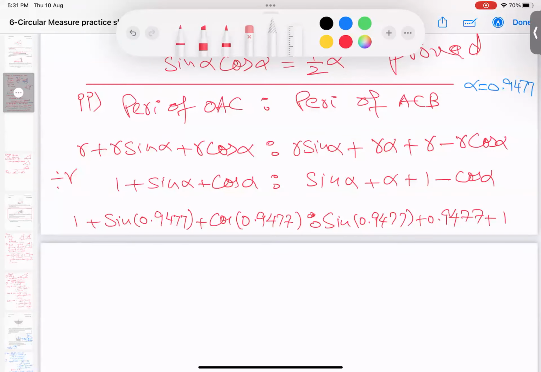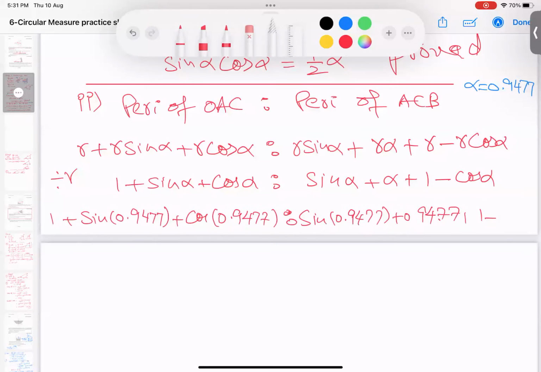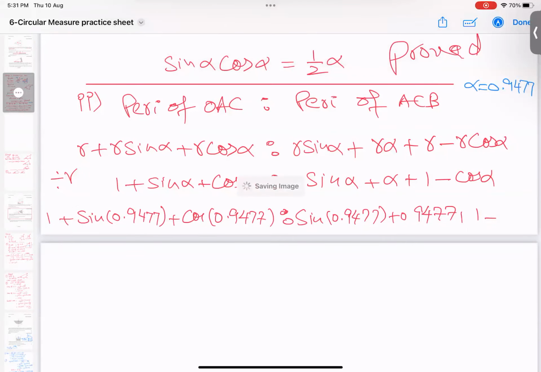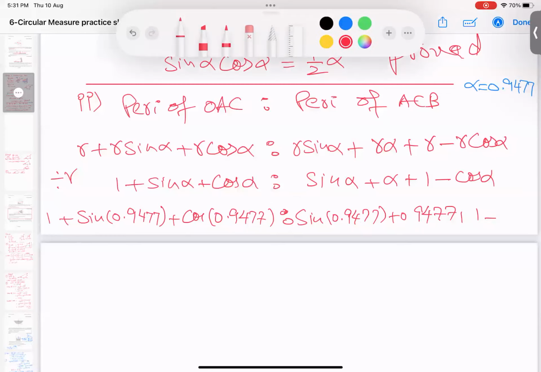Okay, wait a minute, because again there is a problem of space, so I resolve it by dragging back. Okay, minus and then cos. Plus 1 and cos of 0.9477.